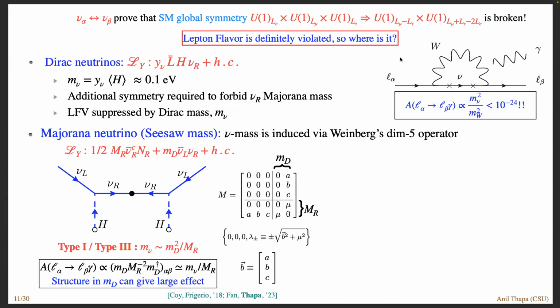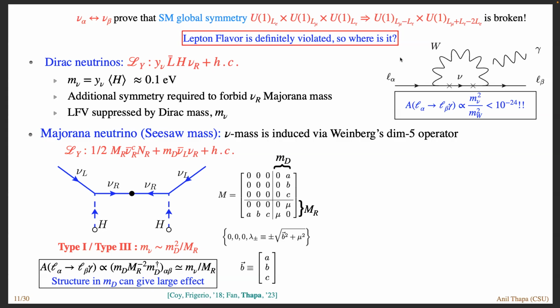It's again suppressed. However, you can always play with the structure of M_D to give a large effect. This is just an example, where you deviate from the seesaw framework. Well, what is a seesaw? You bring in a new physics scale, and this scale suppresses the neutrino mass. But if you have some unique structure in M_D and M_R, then there is no seesaw anymore.